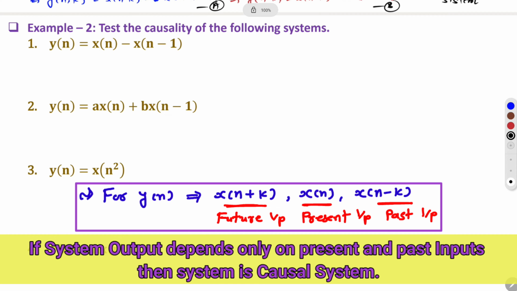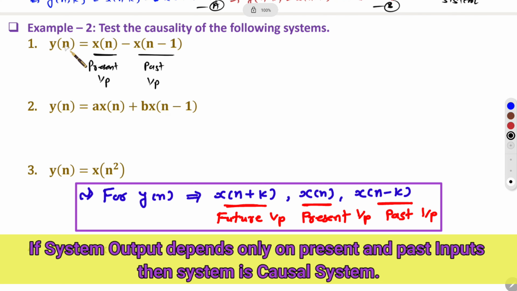Like you see here with the first system, output is depending on present input, and this is past input. See, y of n is having present input x of n, and y of n is having past input, that is x of n minus something.